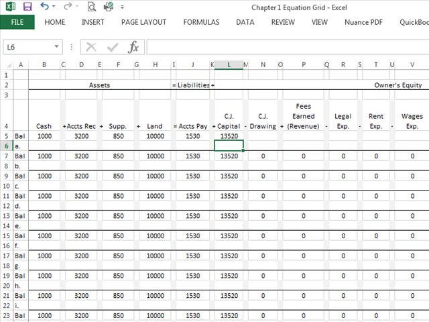Then you need to look at how or why that particular event happened, or how did the company get what it received. So once you think of it that way, it's a little easier to tackle how the transactions affect the equation. So it states clearly, we received cash from clients for services, $3,928.